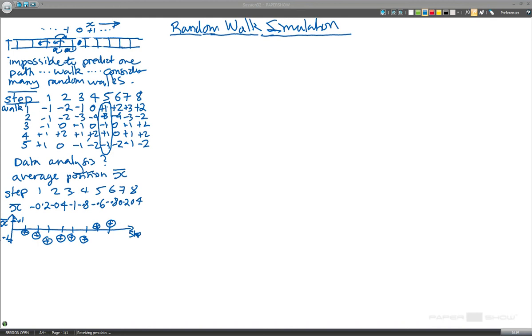So we don't really learn very much from that. Actually, that's not quite true. One thing we do learn from this is that we are randomly moving left and right, and so the number isn't exactly 0 for x bar all the time, but it's reasonably close to that number.